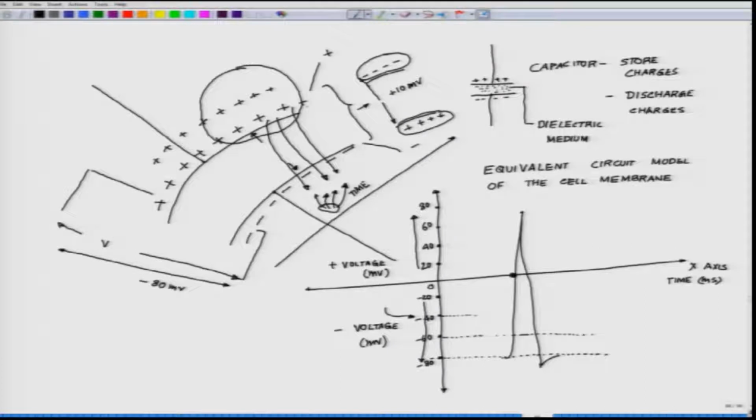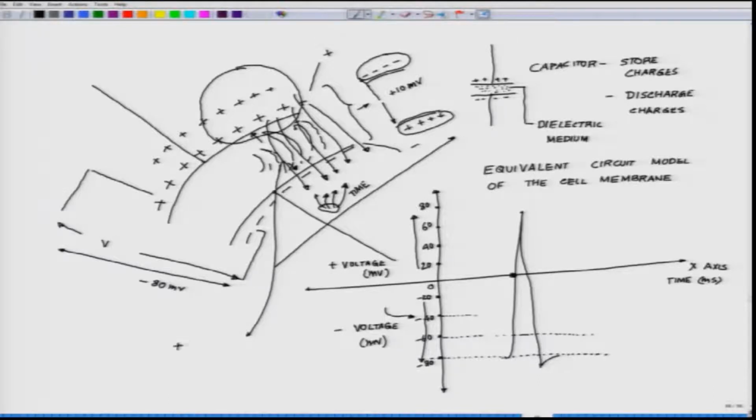So, the only other likely option in this game is this: a huge amount of positive charges, like a drift, like a wave. I am drawing the wave for you to remember, like a wave that comes inside very fast.